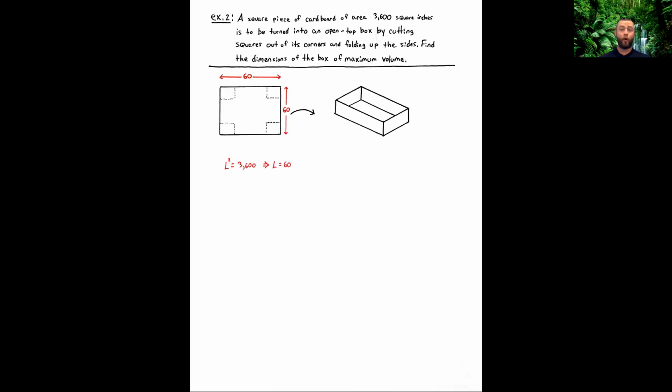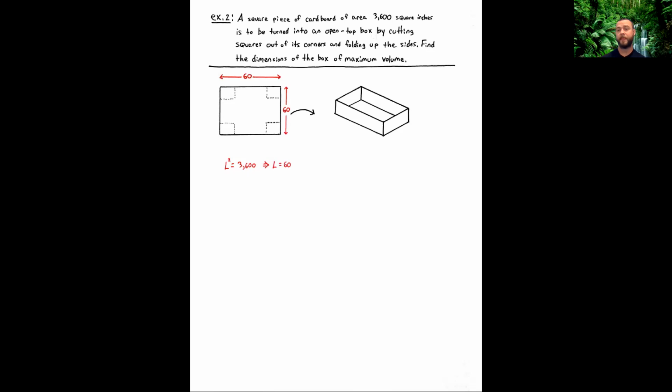All right, now let's kind of introduce some of the given information. We're told that the total area of this square piece of cardboard is 3,600 square inches. Now, since we're told the area, and we are also told that this piece of cardboard is a square, what we know is the area of a square is the side length squared. So we get this equation, L squared equals 3,600 square inches, and we can solve that for L, the side length of this entire piece of cardboard.